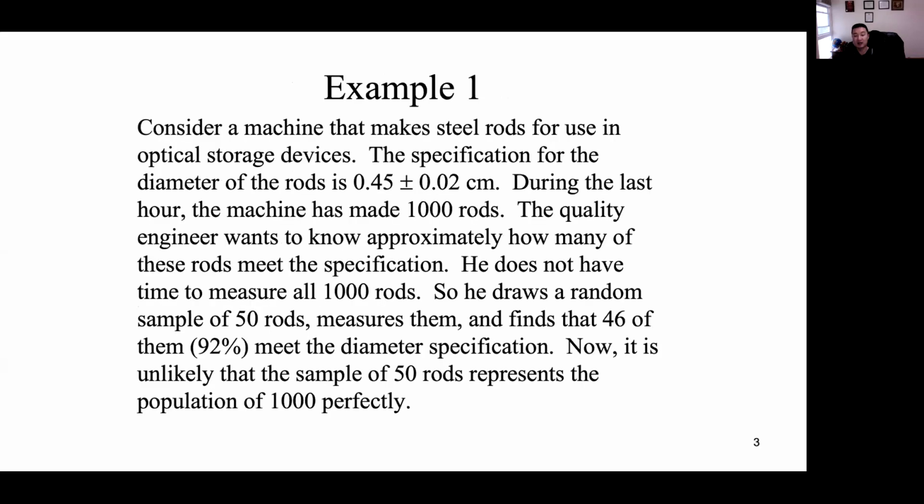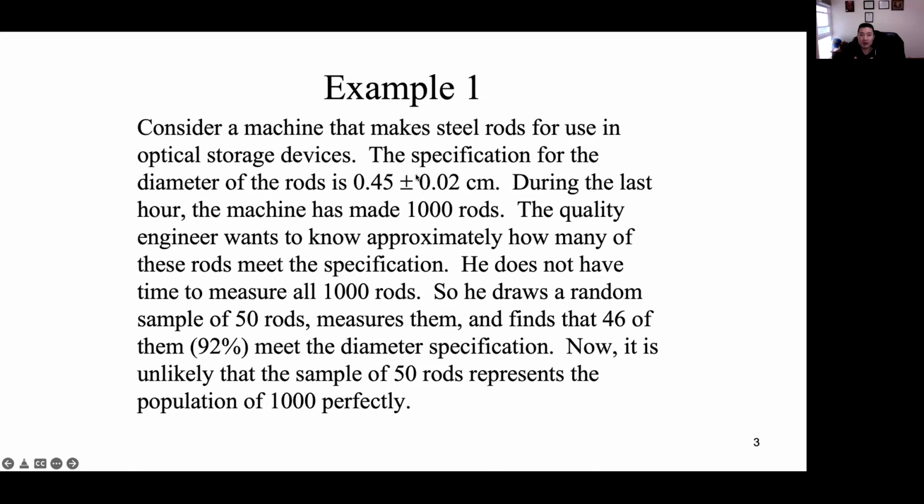So here is an example. Let's say we have a machine that makes steel rods. The steel rods will be used in optical storage devices. The specs for the steel rod diameter are 0.45 plus or minus 0.02 centimeter.